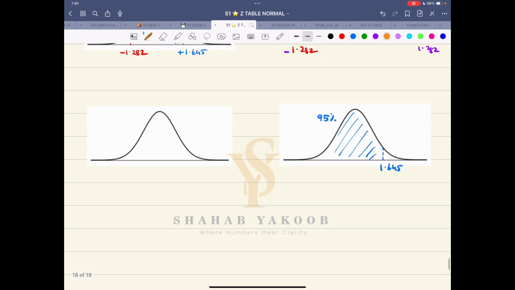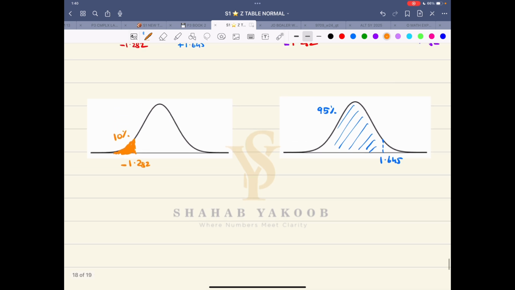So let me write over here negative 1.282. And this region is how much? This region is 10%. Now think about it. Left of this region is 95%. Left of this region is 10%.